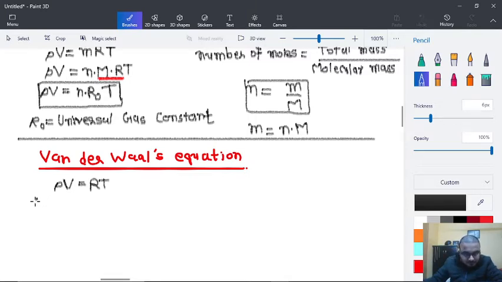First is no attraction or repulsion between molecules.